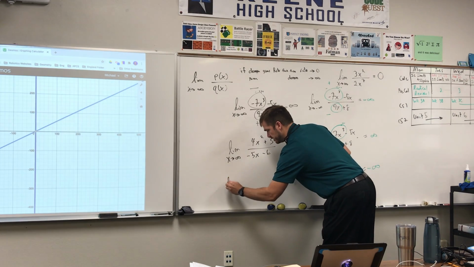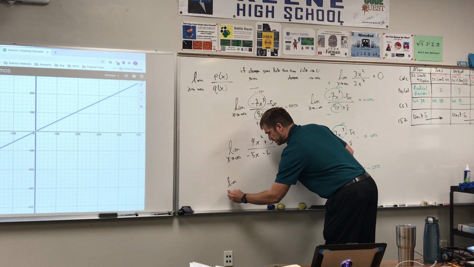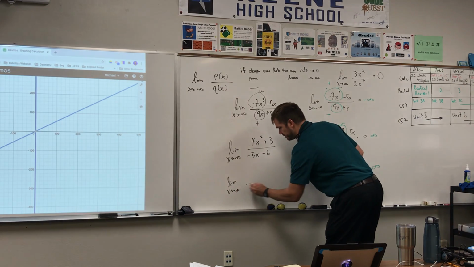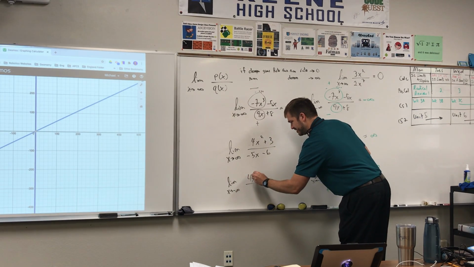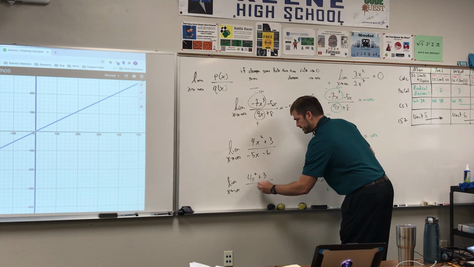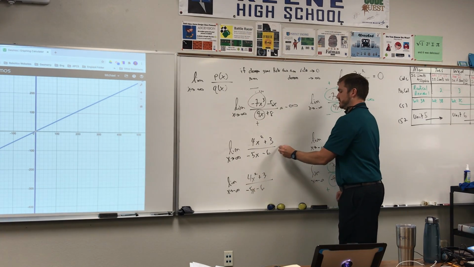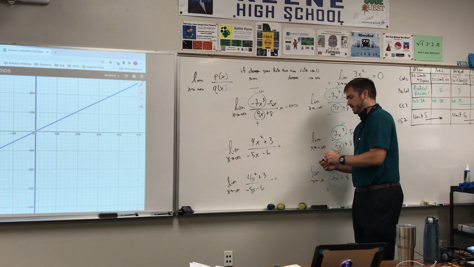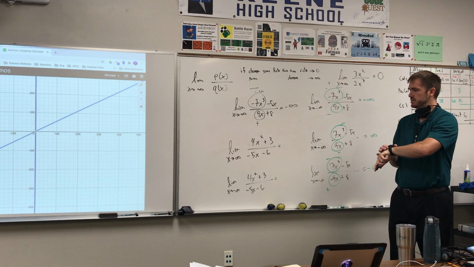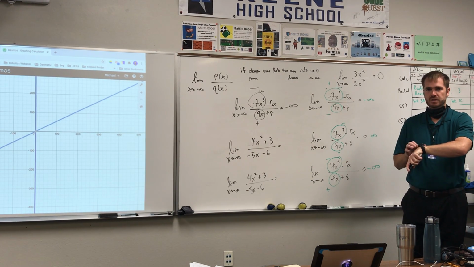And then the same problem, the limit as x approaches negative infinity of 4x squared plus 3 over negative 5x minus 6. I'm going to give you 2 problems, 2 minutes, see if you can come up with an answer. Ready? Go.